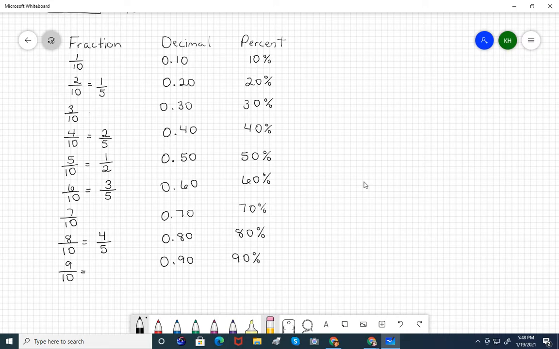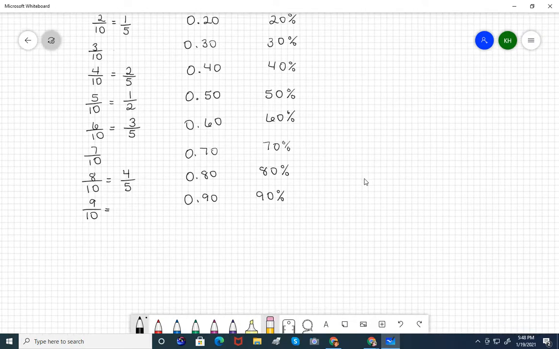And finally, if you were to have 10/10, if you were to color in every single one of those squares, you would have 10 out of 10. That reduces to 1. In decimal form, 1 is still just 1. As a percent, 1 whole is 100%.